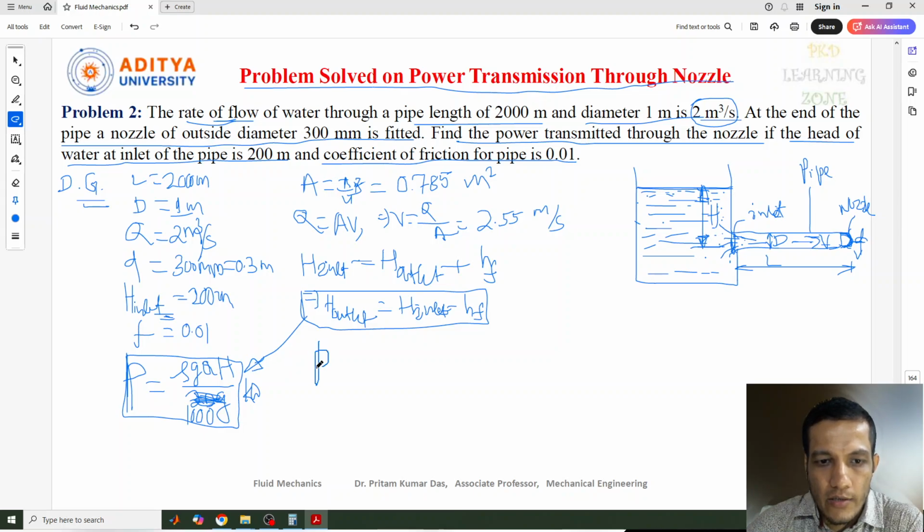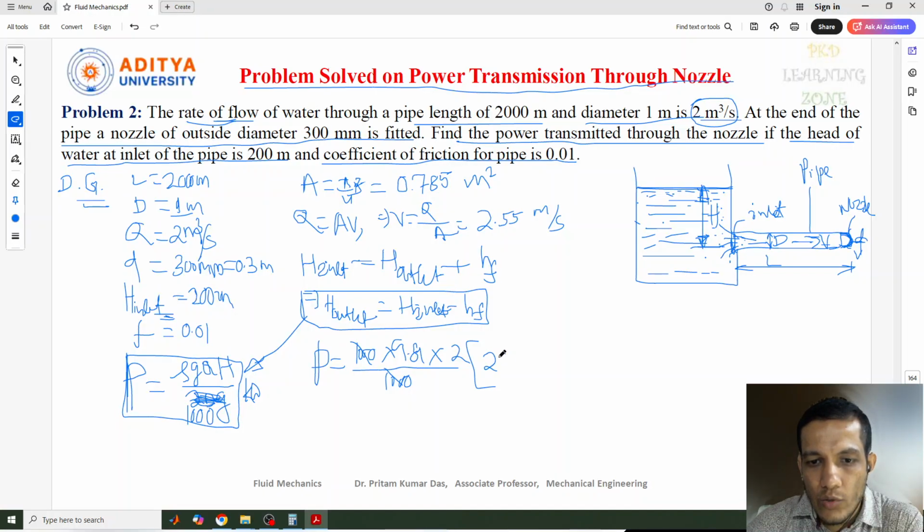So let's write P equal to rho g Q H. Rho value 1000, density of water, so 1000, g 9.81, and Q is 2 meter cube per second divided by 1000. Okay, so 1000 cancel. Now in bracket we need to write here H at the inlet condition, which is nothing but 200, minus hf.